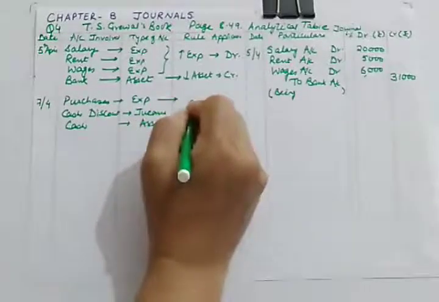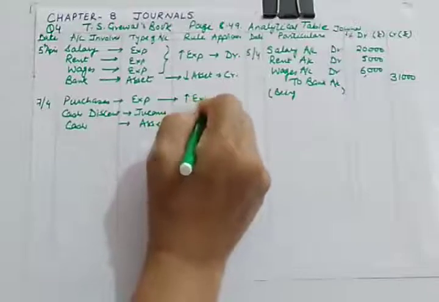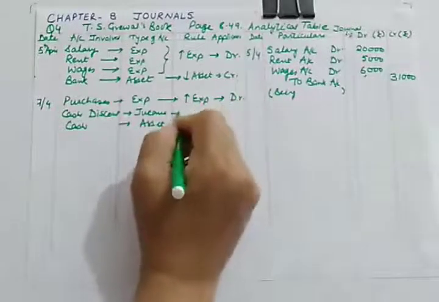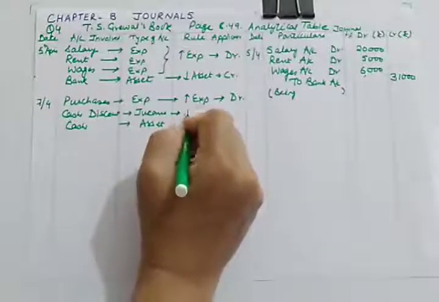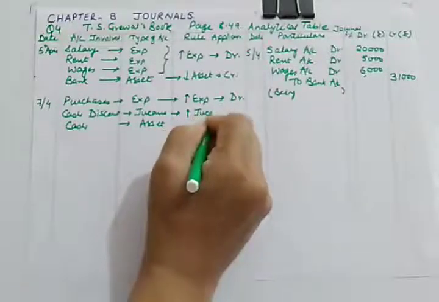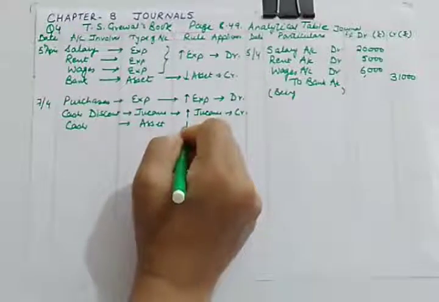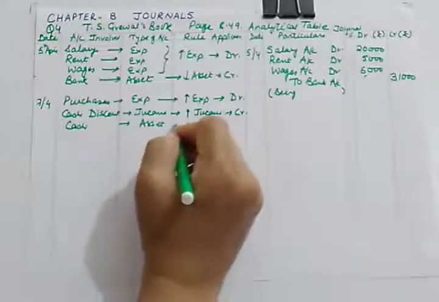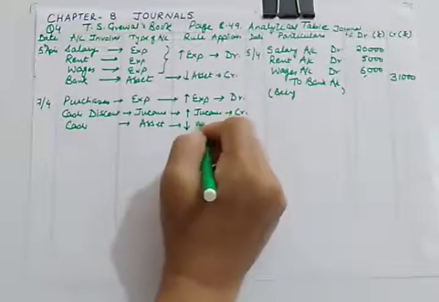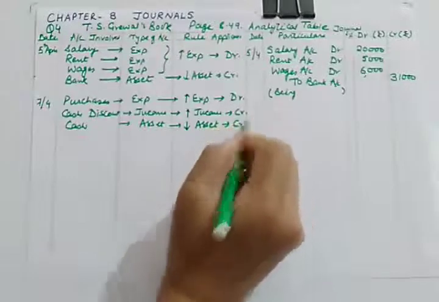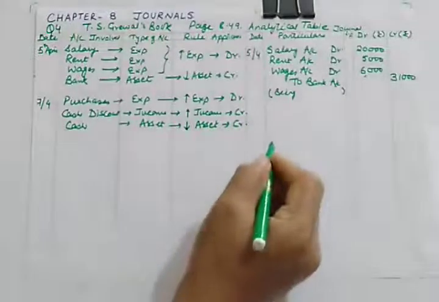So what is happening to expense? Expense increase. Expense increase means debit, and here income is increasing. So increase in income is credited, and decrease in asset will be credited. So let us frame the journal entry.